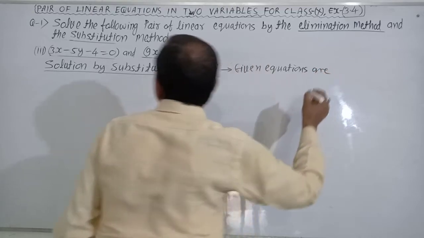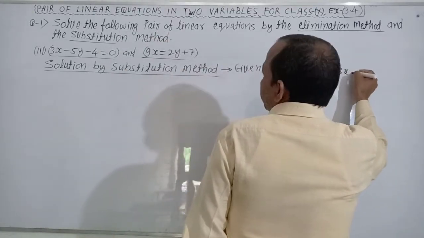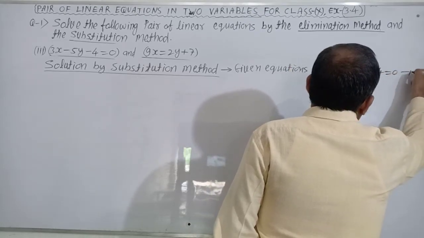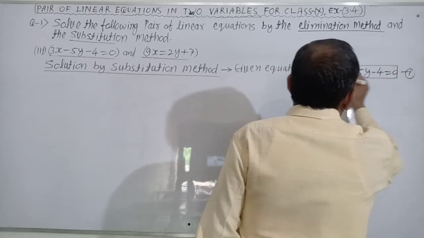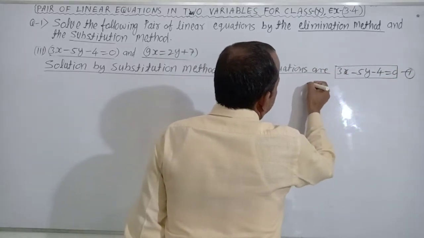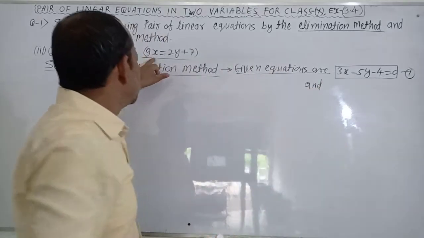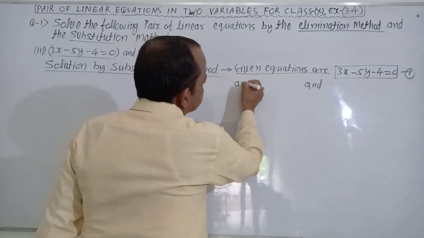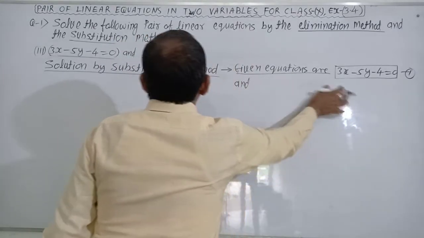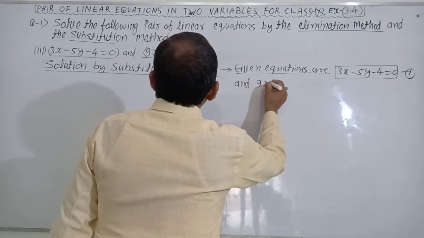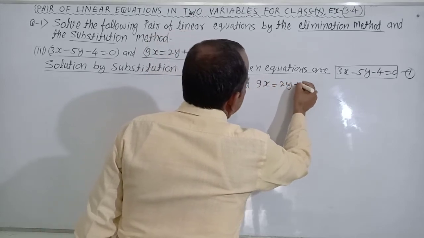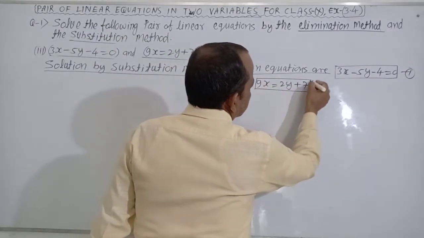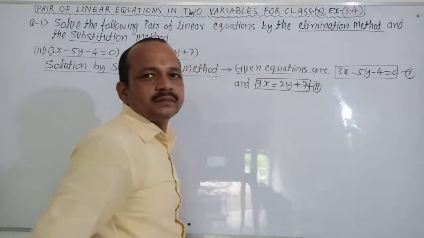See the given equations. Equations are 3x minus 5y minus 4 equal to 0, it is first equation, and 9x equal to 2y plus 7, equation second.